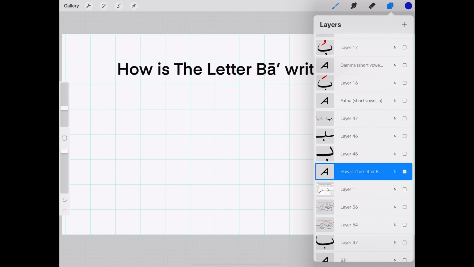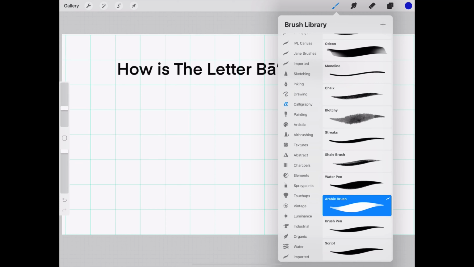Make sure, if you are using the Procreate 5 app, that you are on the right active layer, and make sure you choose the right brush. We made this brush in the previous lesson, the introduction lesson. Under the calligraphy category, we made the Arabic brush.